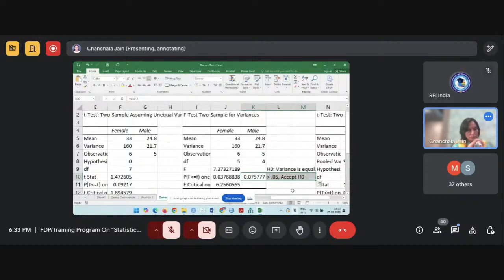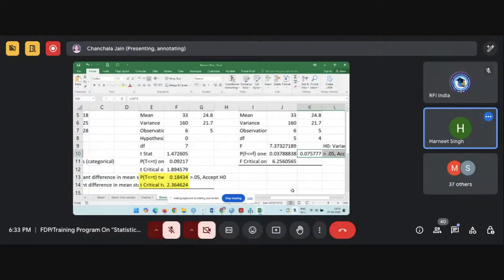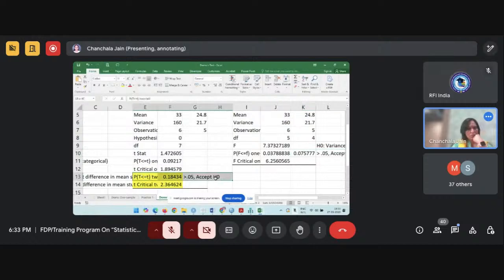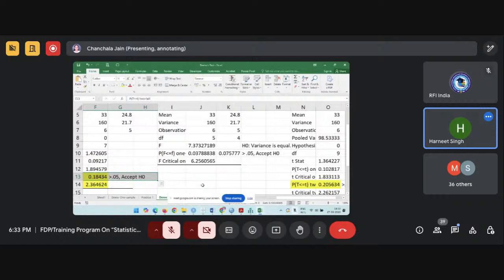But when we are doing the t-test two samples assuming unequal variance, there also we compared the p-value with the critical value? No, there also we are comparing it with the 0.05. I have written here.